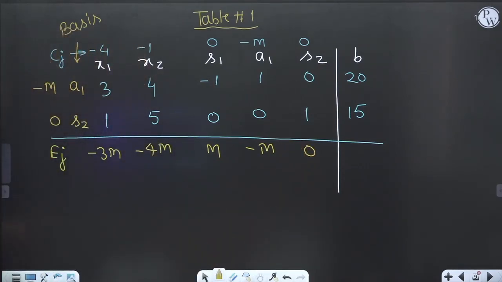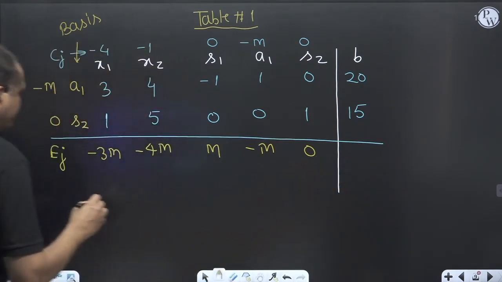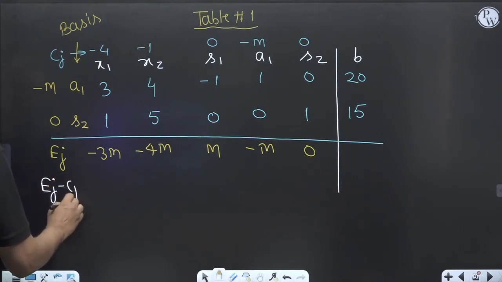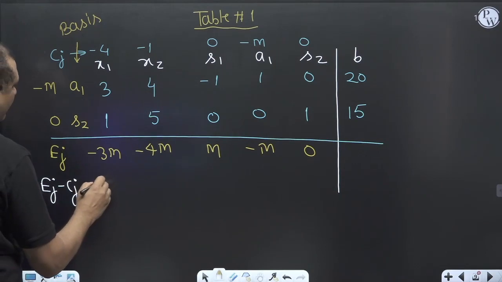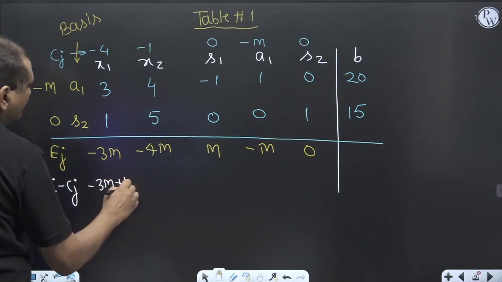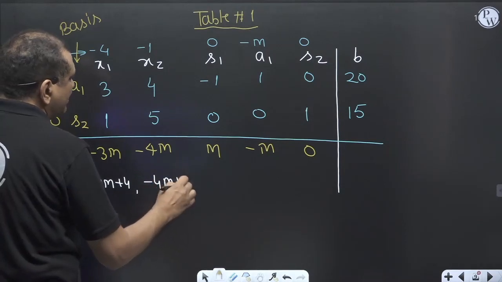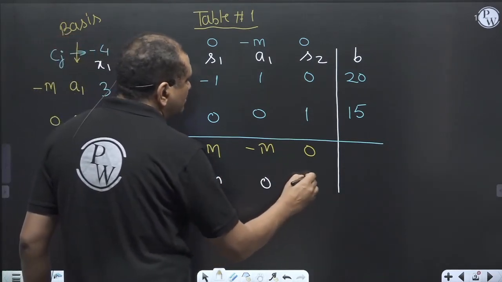Correct, na? Correct? Next is Cj minus Zj: -3M plus 4, -4M plus 1, M, 0, 0.